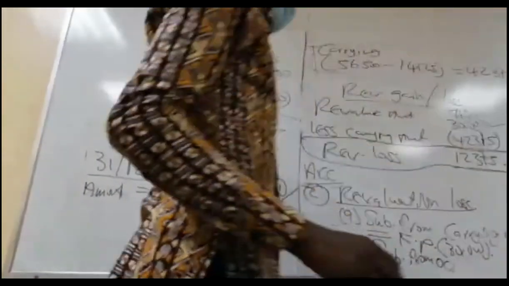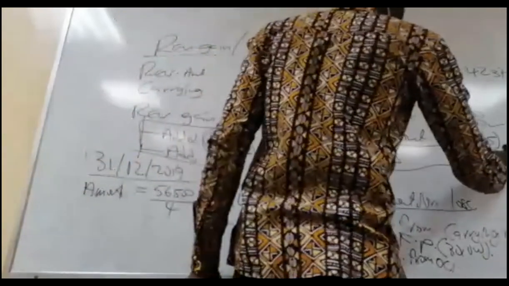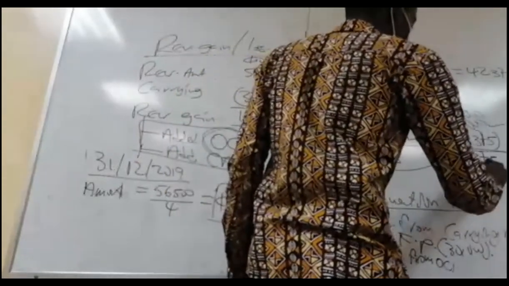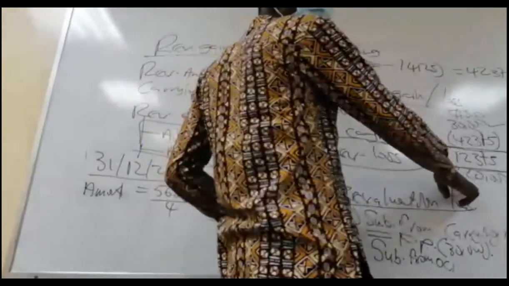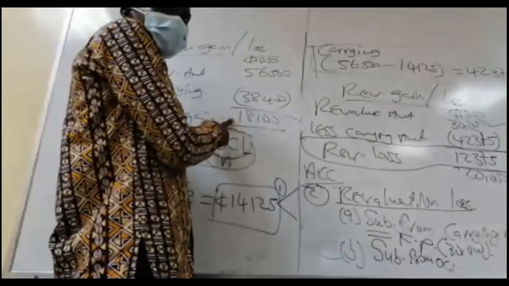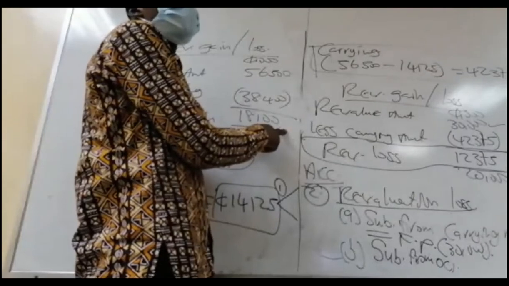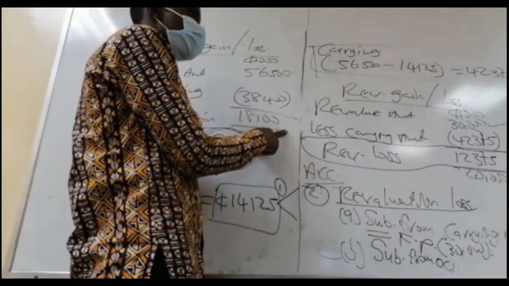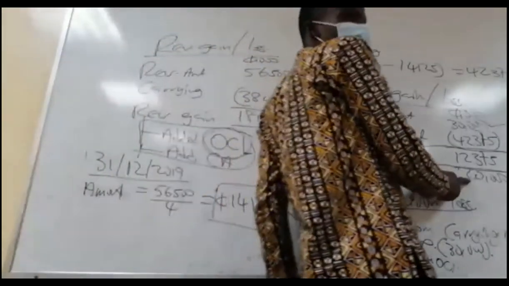In an event where this loss is more than the gain, assuming that this loss is around 20,000, then a portion of the loss must be released to wherever the gain is to offset it. So we can still offset all the gain and still there will be another loss, because now the loss is 20,000.